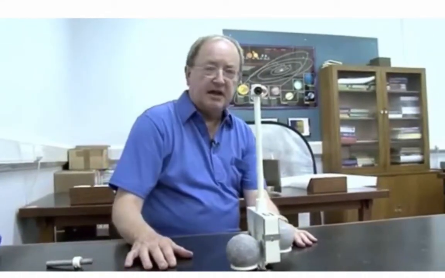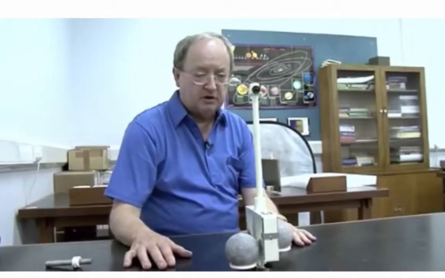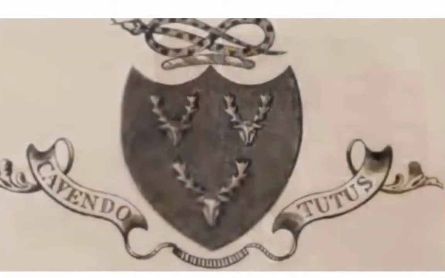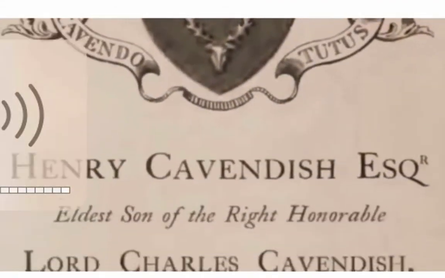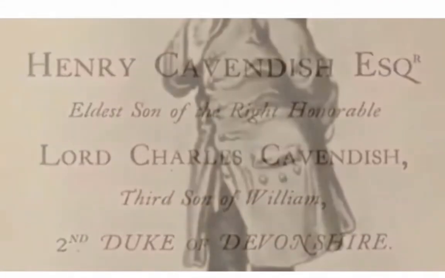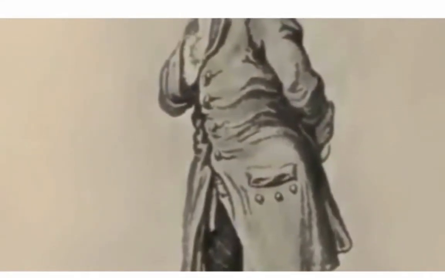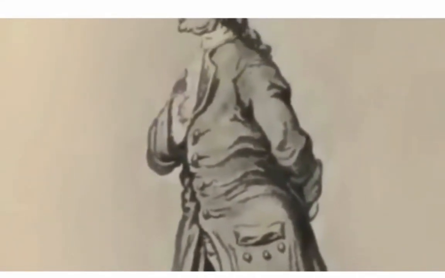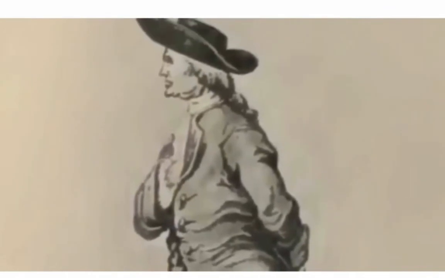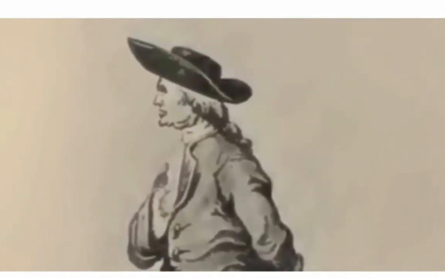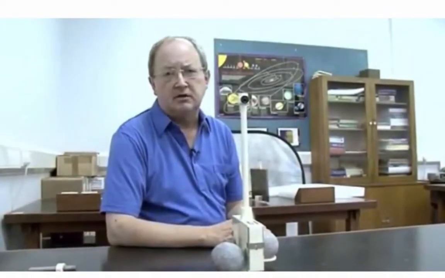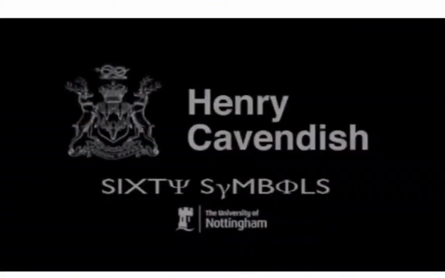Henry Cavendish. Even though he was part of the rich dukes of Devonshire, that family, and incredibly rich, he went to Cambridge to study natural sciences, or natural philosophy as it's called. But he had a very curious condition in that he could hardly talk to anybody. So when it came to his viva exam after 3 years of study, he fled Cambridge rather than sit in front of the examiners because he was petrified of them.